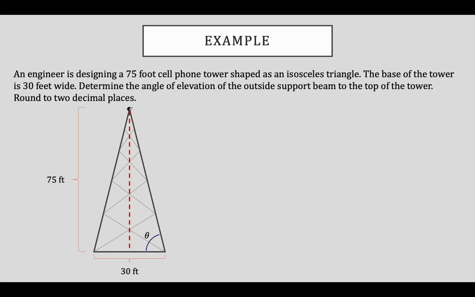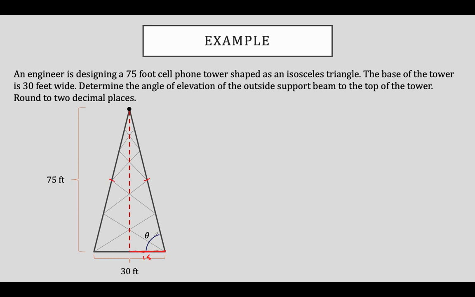And this is an isosceles triangle, meaning that these two sides here and here are going to be the same length. Because of that, we are actually going to bisect the base of our cell phone tower, meaning that the distance here is going to be 15 feet. We've got a right triangle to work with now.